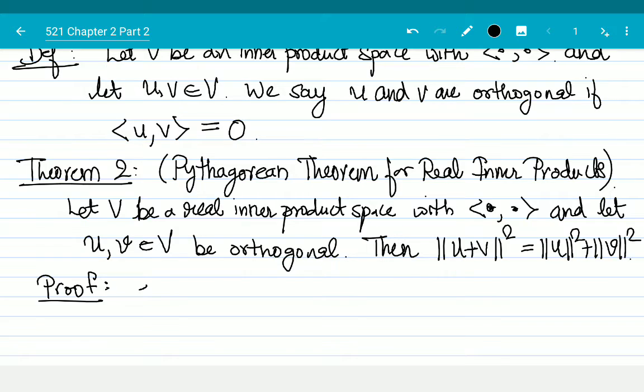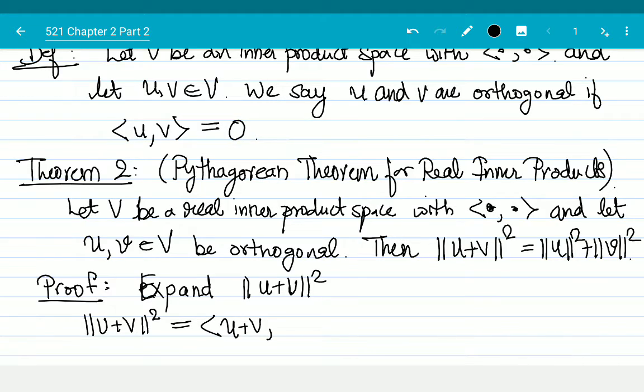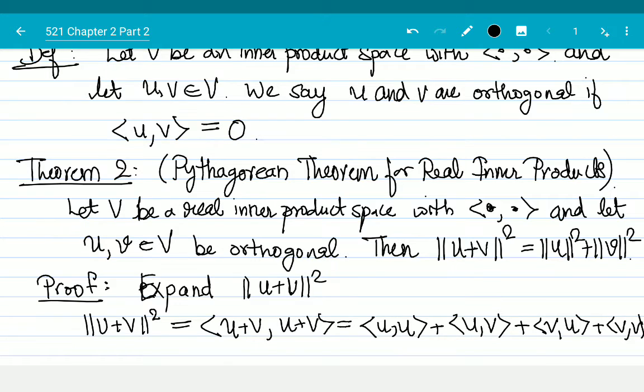Proof: expand U plus V squared, which is what? Well, U plus V squared is by definition U plus V inner product with U plus V, which upon expansion is U comma U plus U comma V plus V comma U plus V comma V, right?